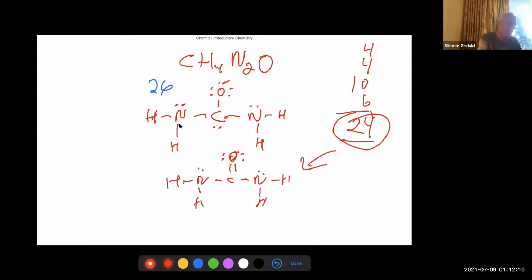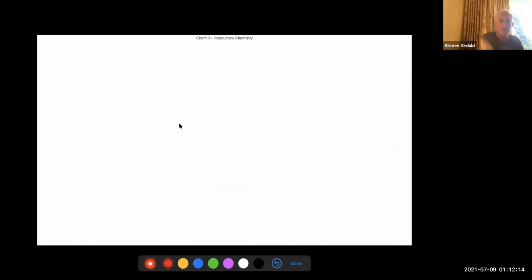Let's do perchloric acid, HClO. A lot easier. The ones that are terminal: terminal means once you draw a bond to it, you can't have another bond. Hydrogen is terminal because it only has 2 electrons, so once you make a bond, it's done.